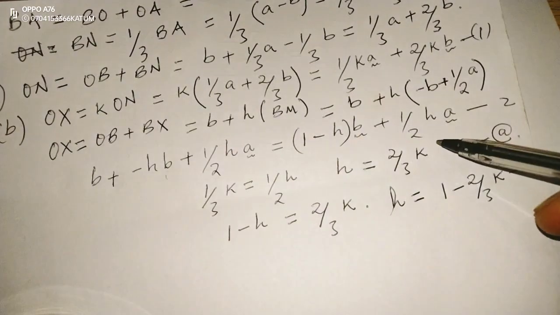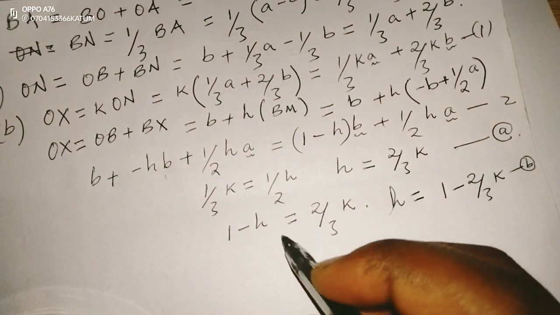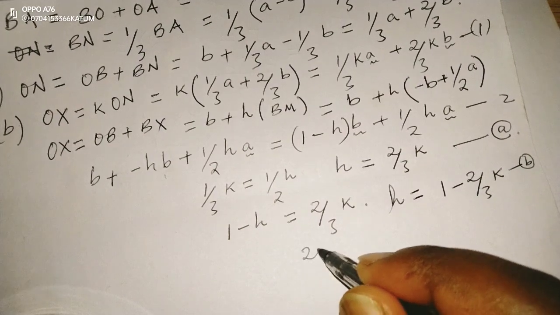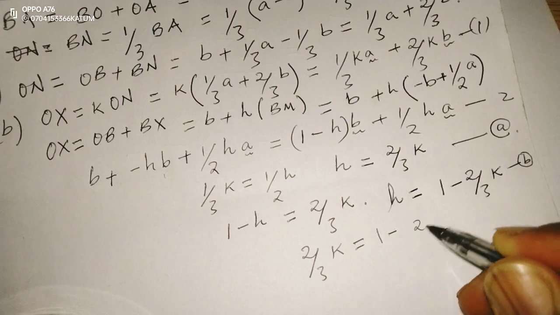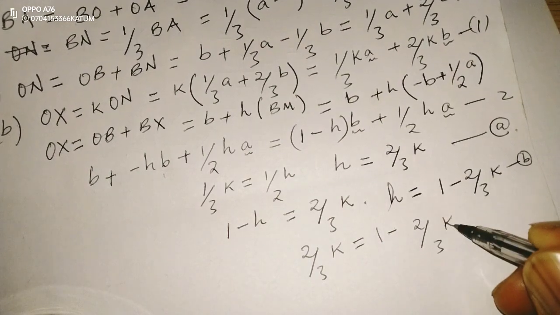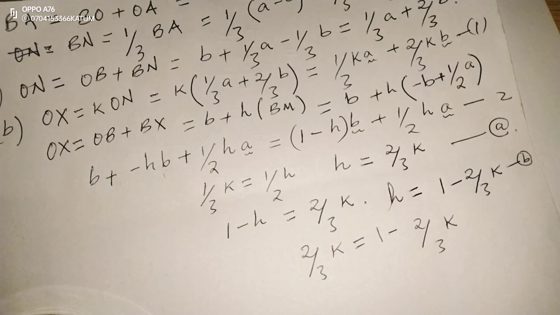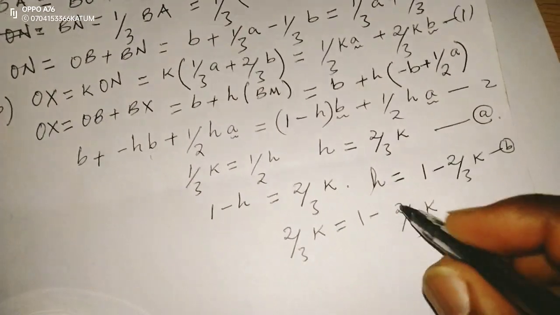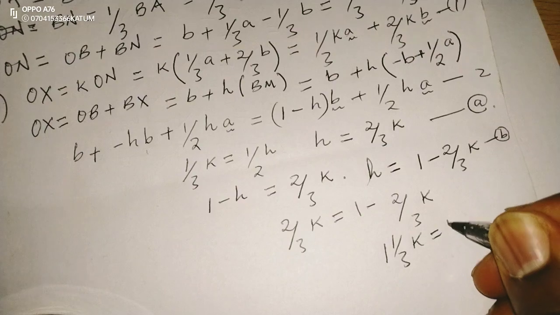Now that we have H equals this and H equals this, we can equate the two because they are giving us the same thing. So 2 out of 3K equals 1 minus 2 out of 3K. So now we can group this one together so that we have 2 out of 3 plus 2 out of 3. This is going to give us 1 1/3 K equals 1.